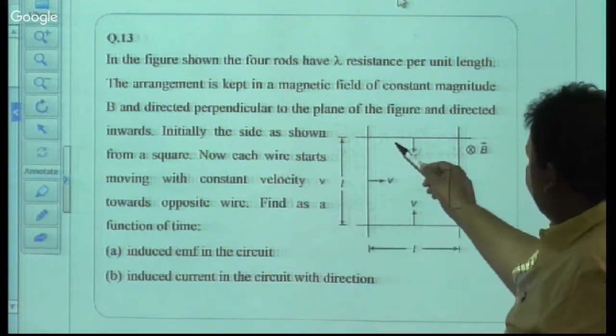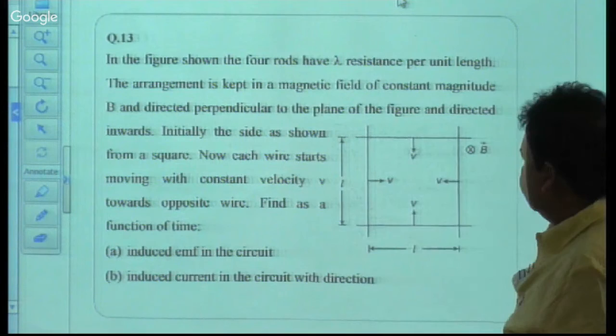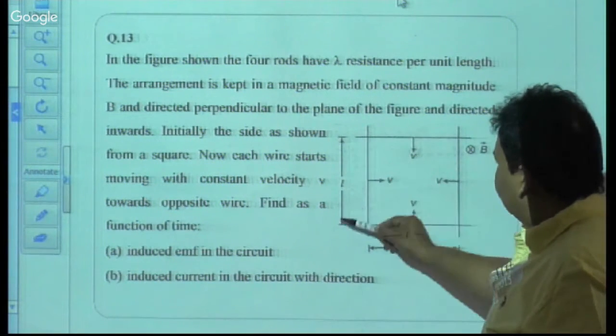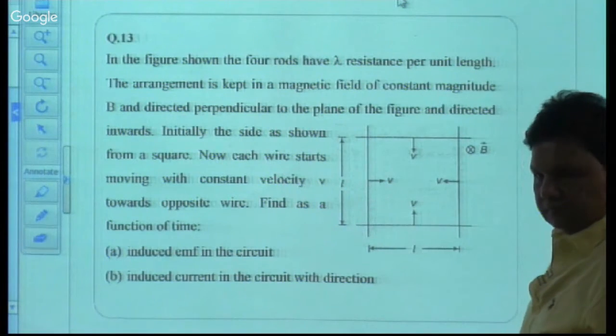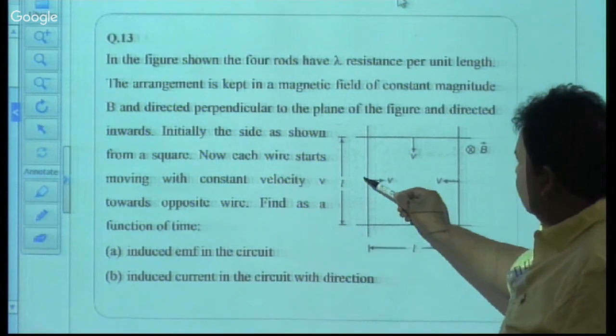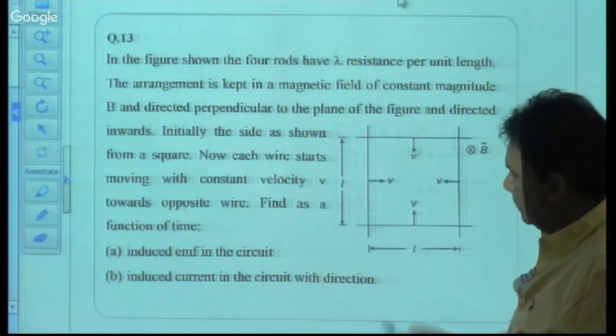There is a uniform magnetic field directed inwards. The initial length is L, the rod's initial length. Then they decide to move with the same velocity towards each other.